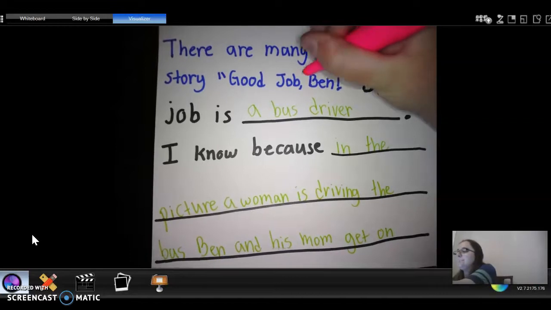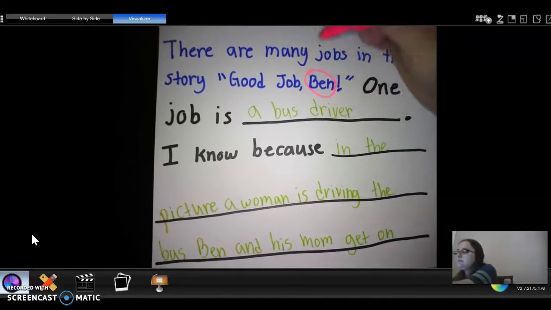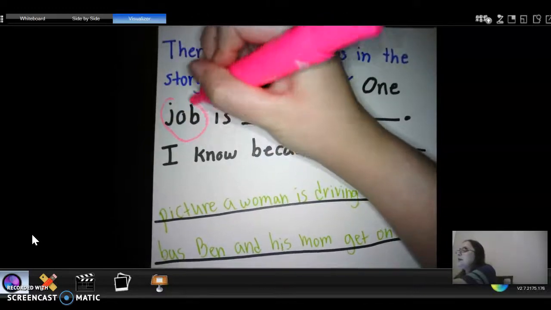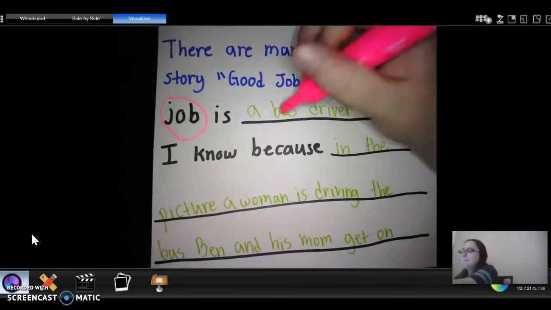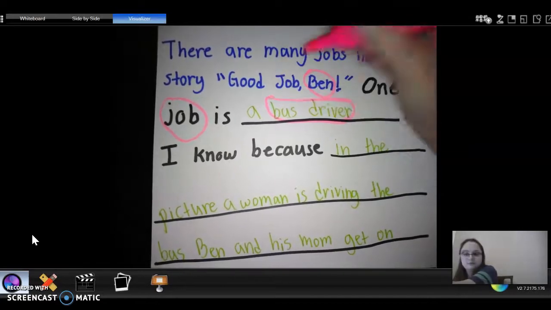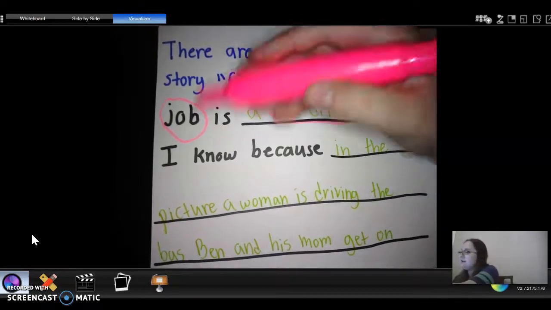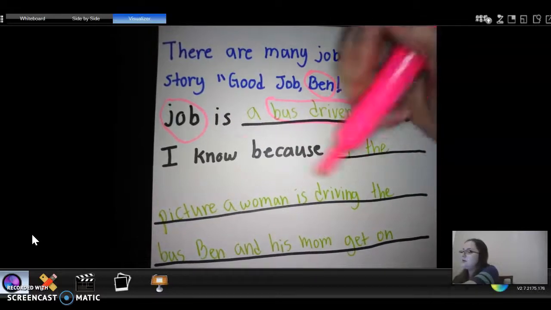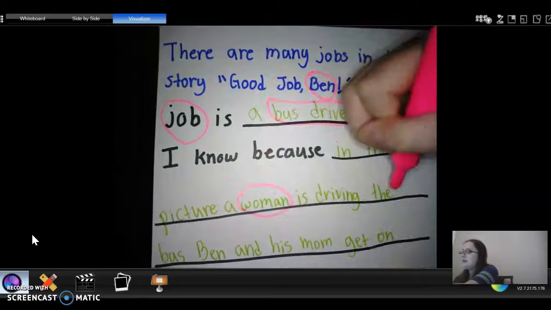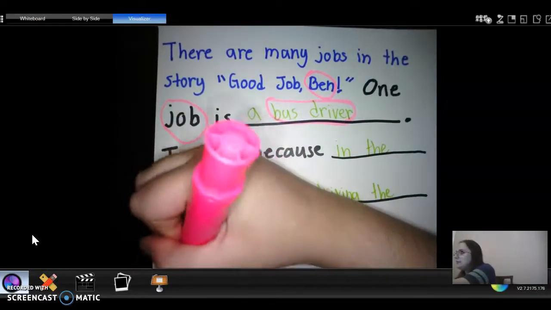So remember, Ben is a person. Okay. A job is a thing. Bus driver is a person. Okay. I know because in the picture, a woman is a person. Is driving the bus is a thing.